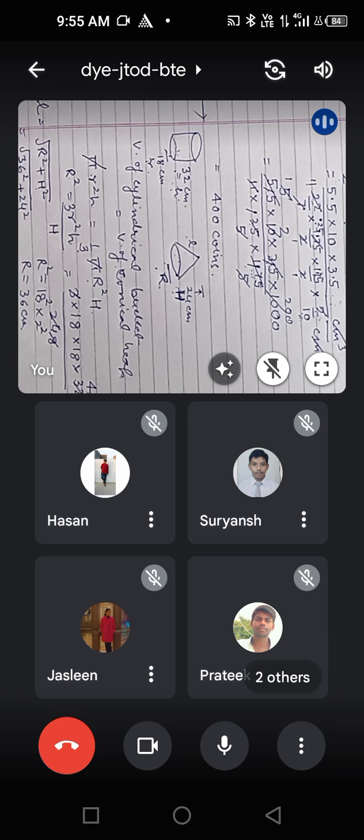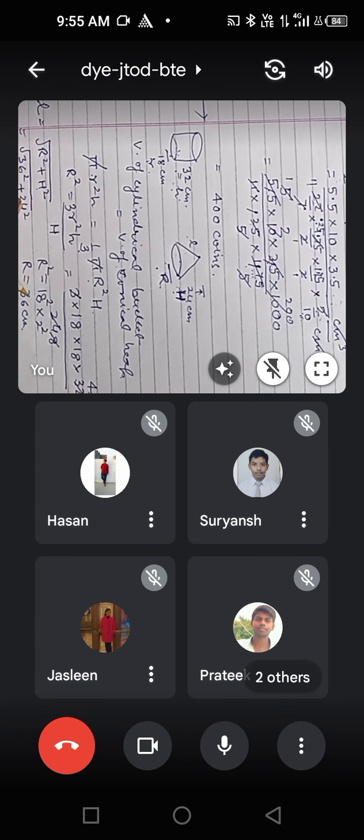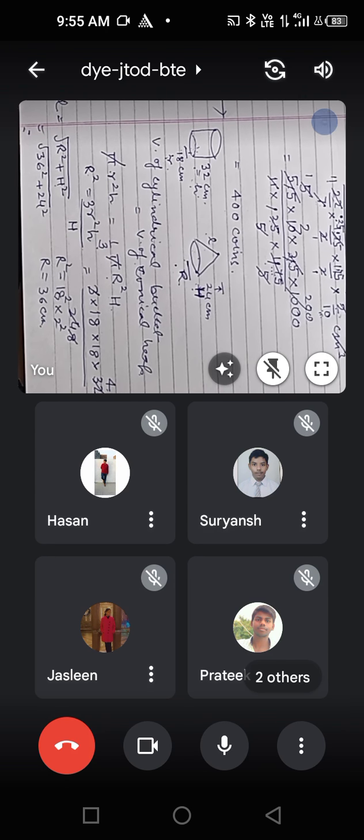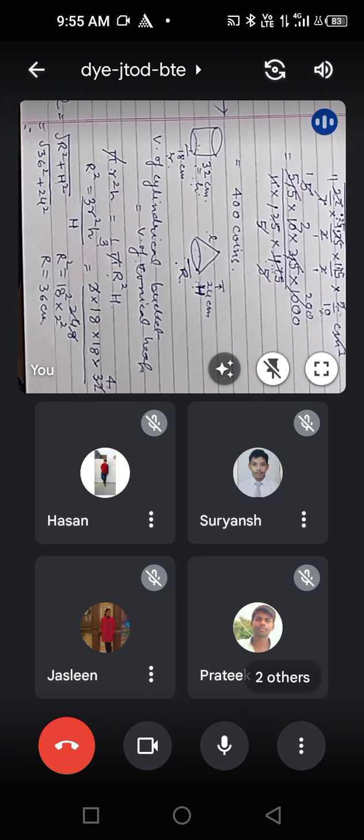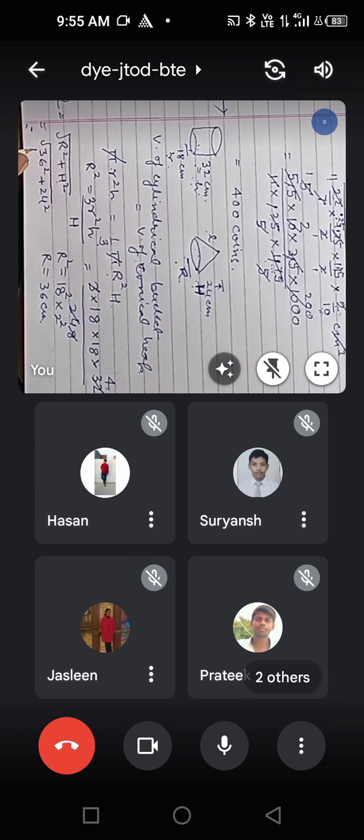So this will be equal to the square root of 36 square, which is 1296, plus 24 square, which is 576. The square root of this, it all comes to 1872, the square root of 1872.